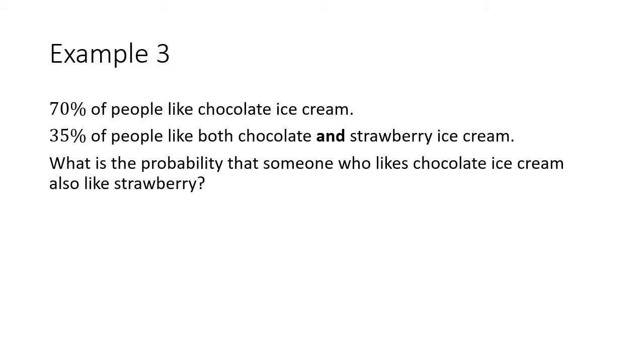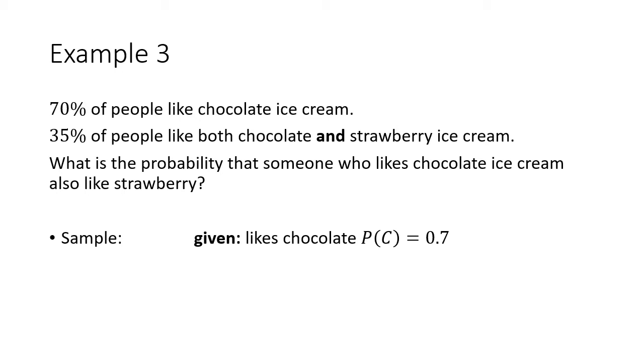So again, we want to set this up with our sample and our event. Our sample is that given. We know that this person already likes chocolate ice cream, which means my sample space is the probability that someone likes chocolate, which is 0.7 or 70%.